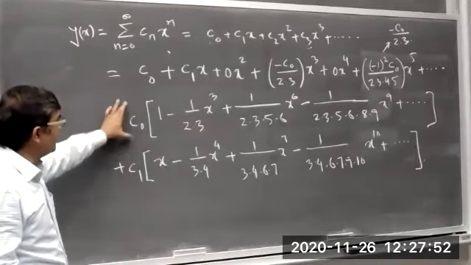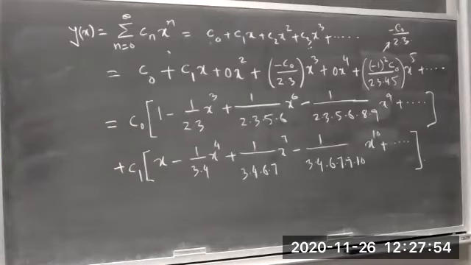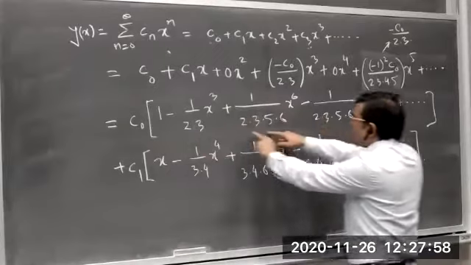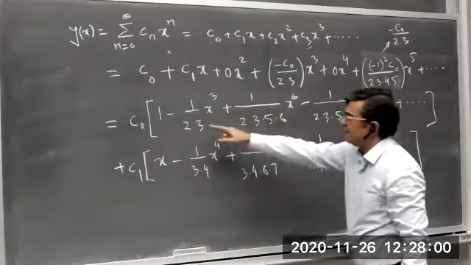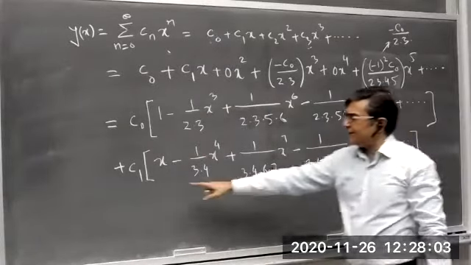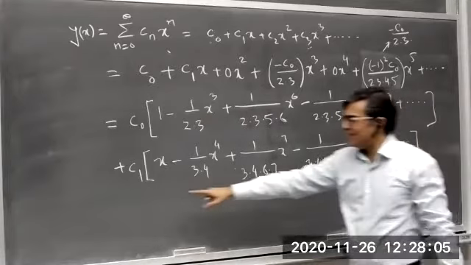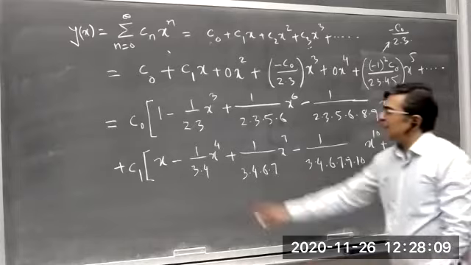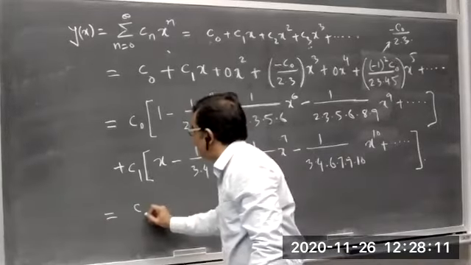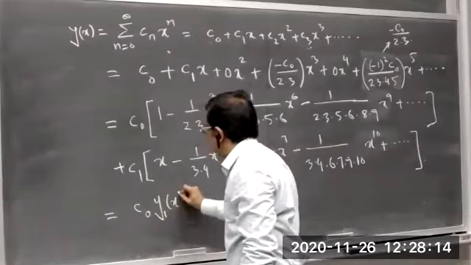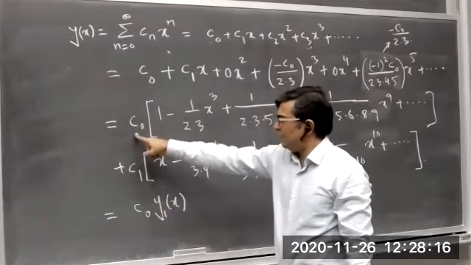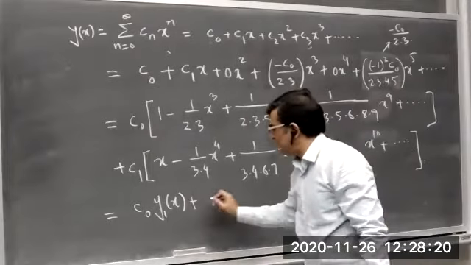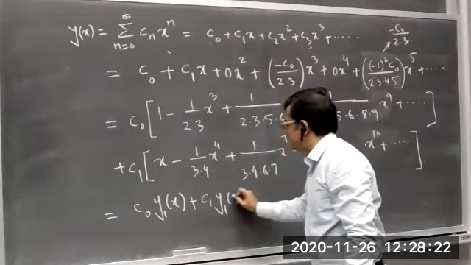So we obtain these two series. Now, the coefficient of C0 is a series, and the one along with C1 is another series. So we call the one along with C0 the Y1 series, and the other one, along with C1, the Y2 series.